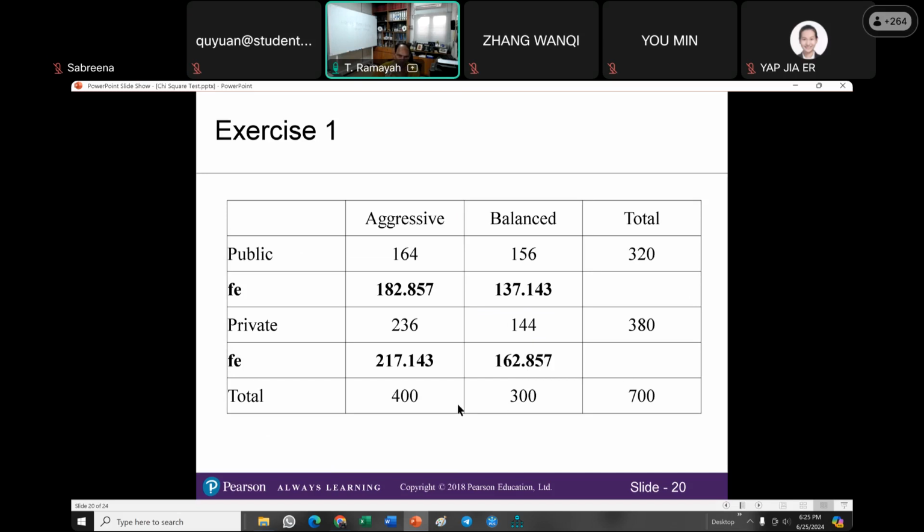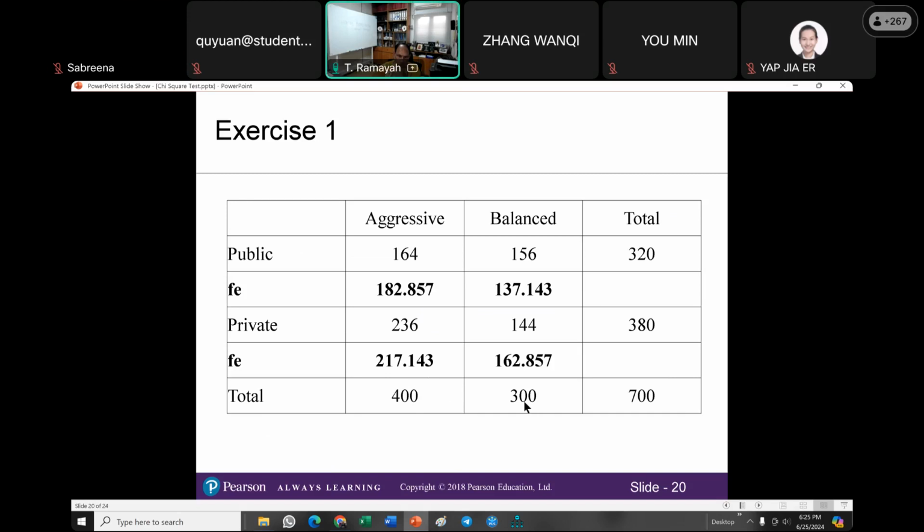400 times 320 divided by 700, you should get 182.857. 300 times 320 divided by 700, you will get 137.143. 400 times 380 divided by 700, you get 217.143.